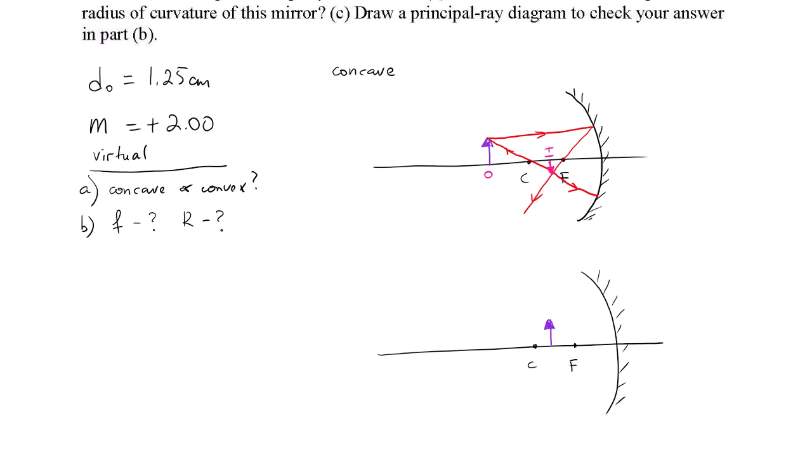Let's draw our parallel ray, which hits the mirror and comes back towards the focal point, and then the central ray, in a different color, which has a direction of the center, hits the mirror and then comes back passing through the center.